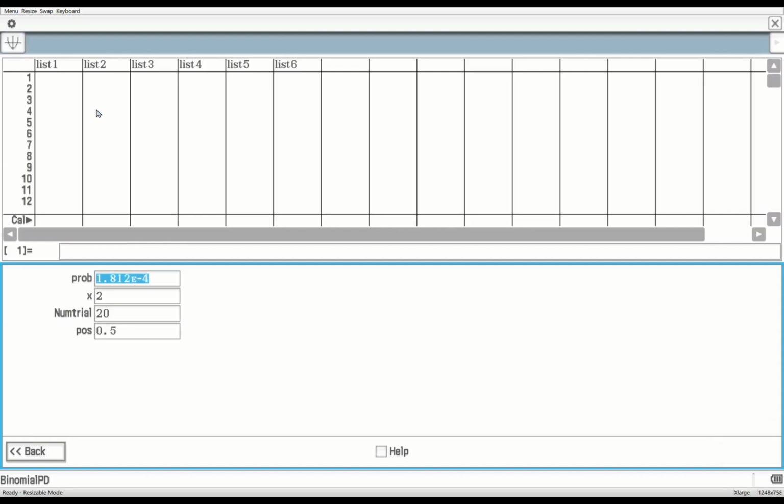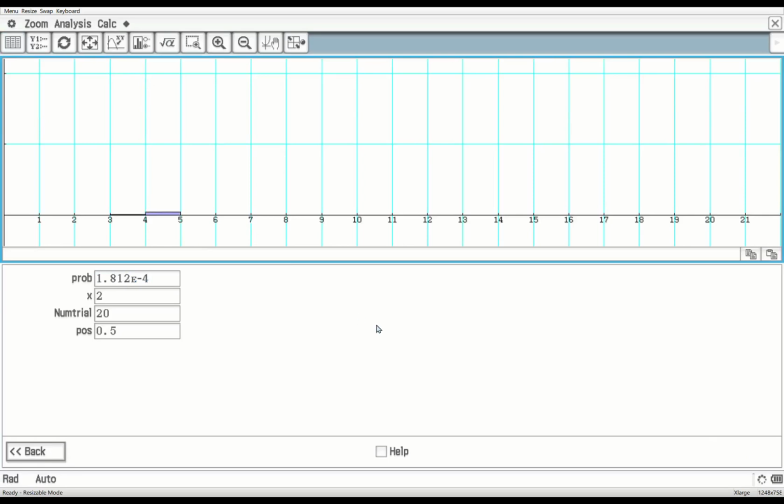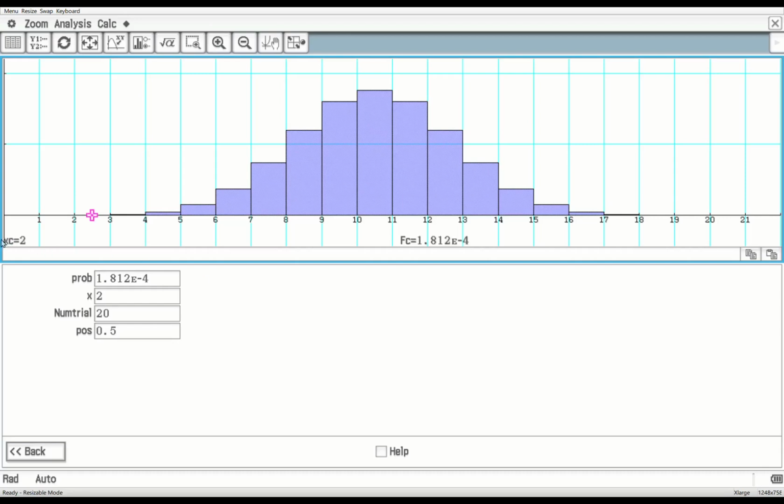I hit next, I hit the graph button on the very top left of my screen, and we'll have a new one. And you'll notice, of course, that with an increasing probability of success, we end up with differing trends or patterns in our probability distribution. So our probability of success being 0.5 gives us this graph here.